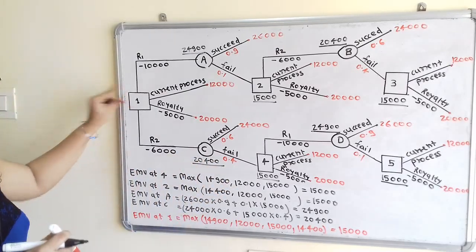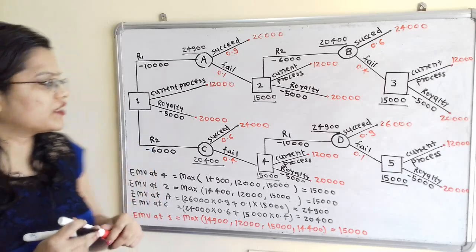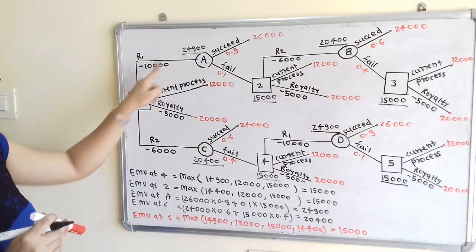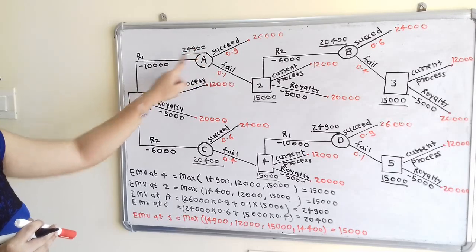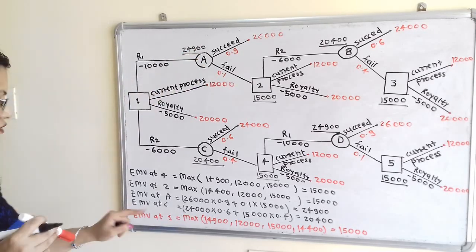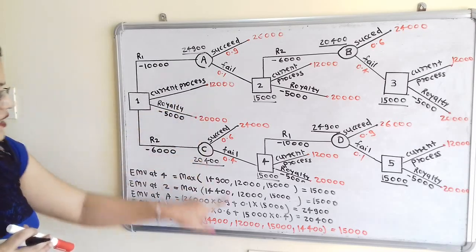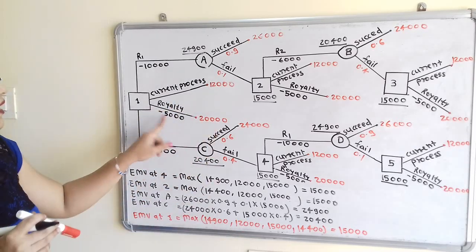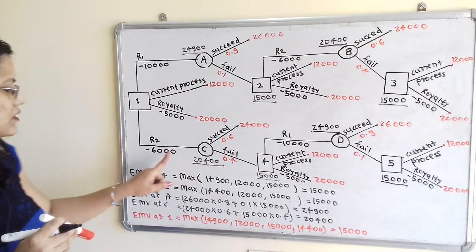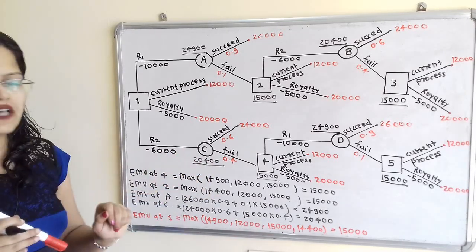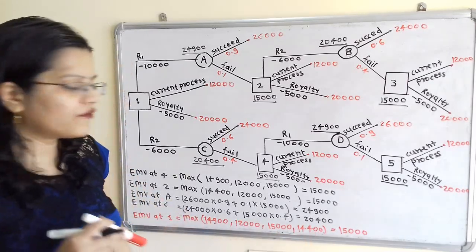Now again we have to take the final decision. So there are 4 decisions. For the first branch, what is the value? 24,900 minus 10,000, that is 14,900. Then next is 12,000, next is 20,000 minus 5,000, that is 15,000, and next outcome is 20,400 minus 6,000, that is 14,400.